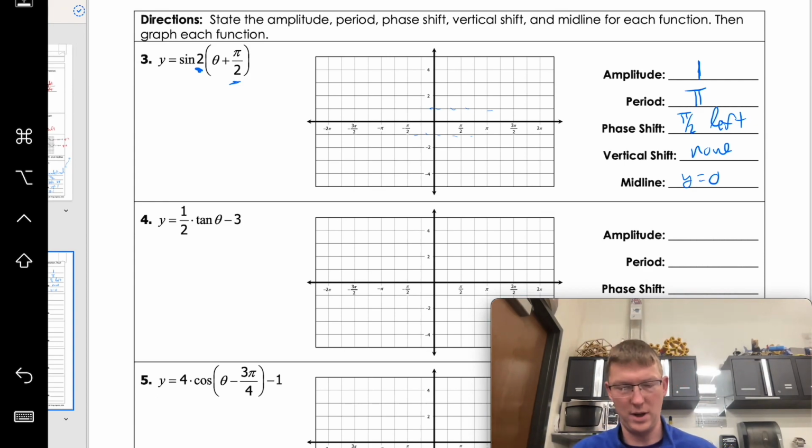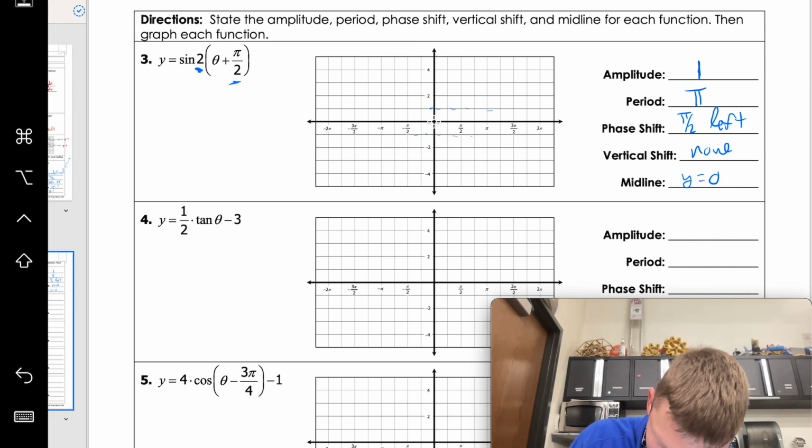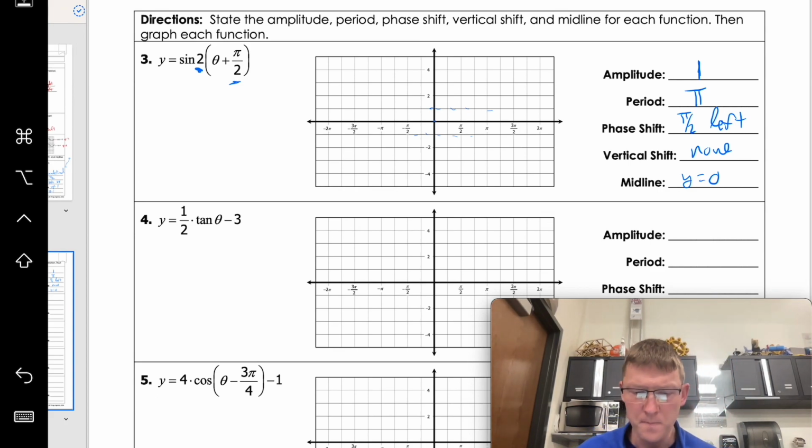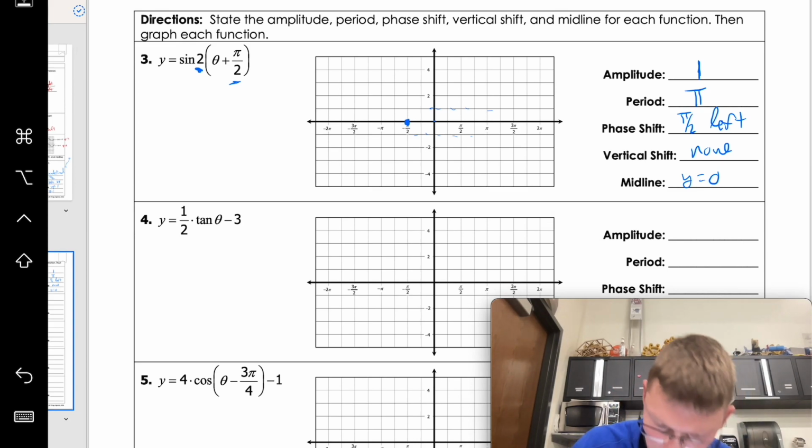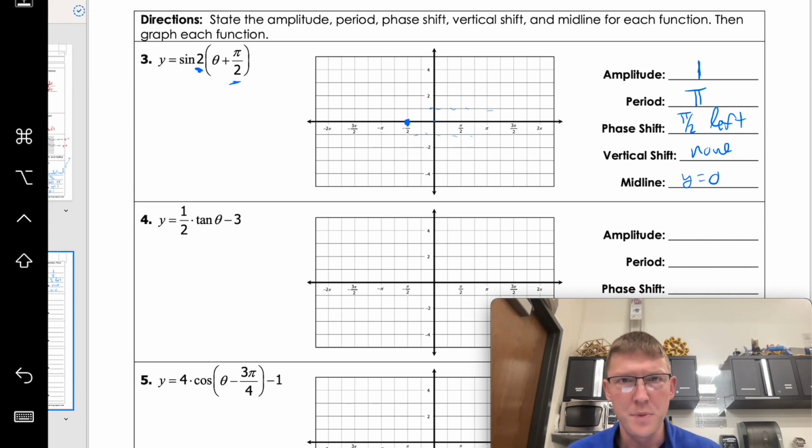So sine of 0 is normally 0. So I'm going to put a light point right there, but remember, it shifted to the left pi over 2. So that means that we're going to cross the midpoint right there. That's going to be our big point.